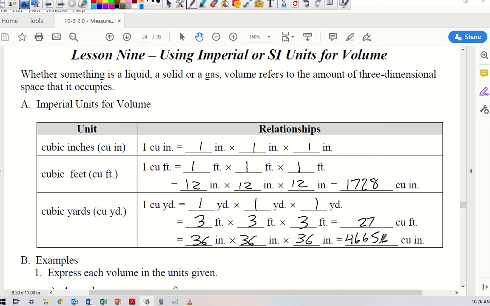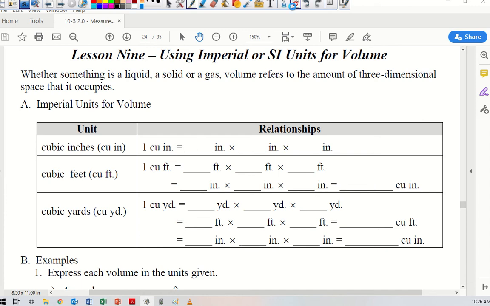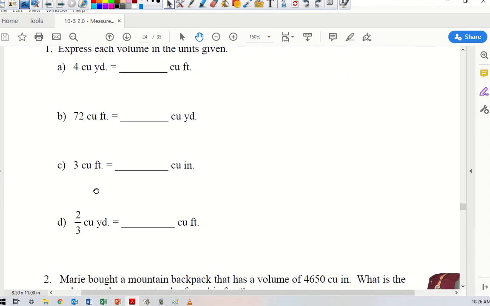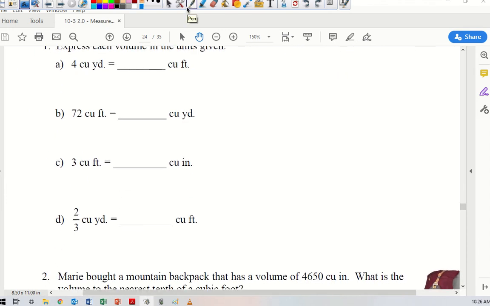Okay, so a couple of really quick conversions. Same as before. Let's do 4 cubic yards into cubic feet. I'm going to write it a little bit differently. I'm not writing it as C-U-Y-D because it's 4 letters, and why would I write 4 letters when I can write 3?